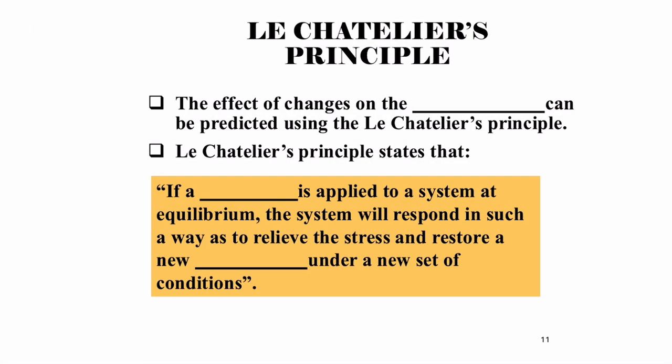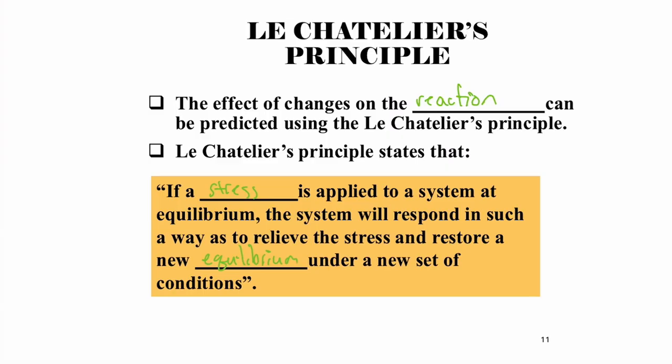All right, so Le Chatelier's principle says the effect of changes on the reaction can be predicted using Le Chatelier's principle, so it's a French guy, and it states that if a stress is applied to a system at equilibrium, it will respond in a way such that to relieve the stress and restore a new equilibrium under the new set of conditions, right?